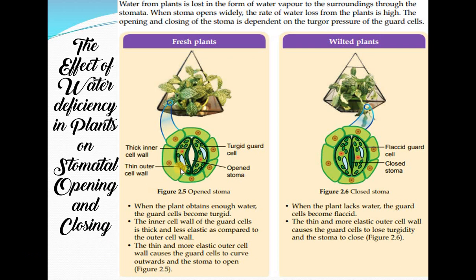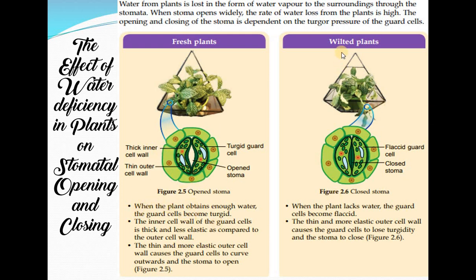The outer cell wall will cause the guard cells to curve outwards and the stoma opens, because of the outer cell wall, which is thin and more elastic. So it will cause the guard cells to curve outwards and the stoma open.